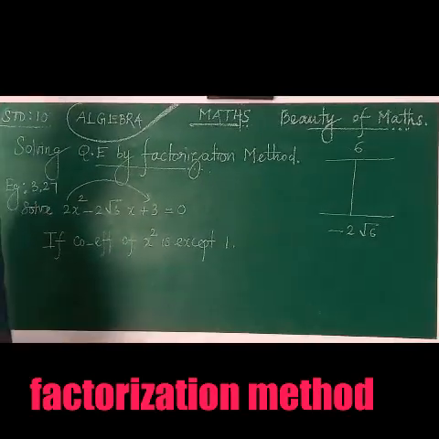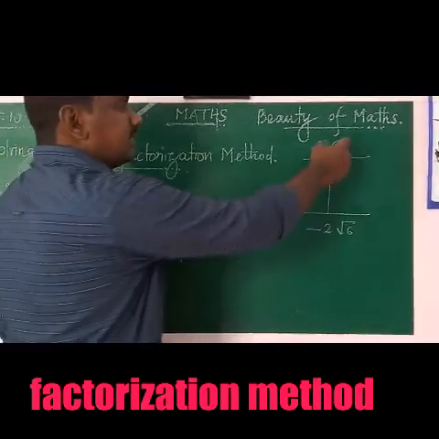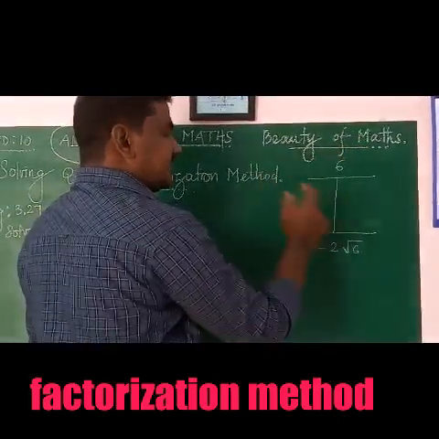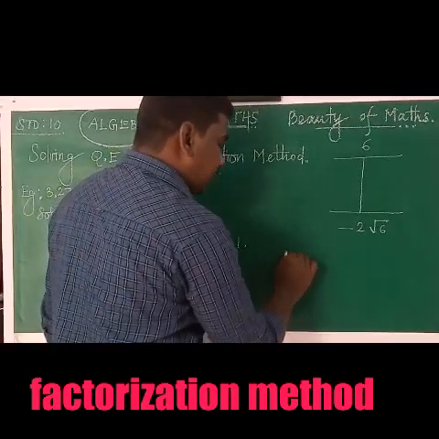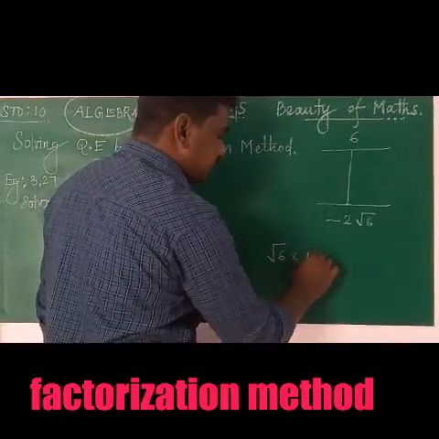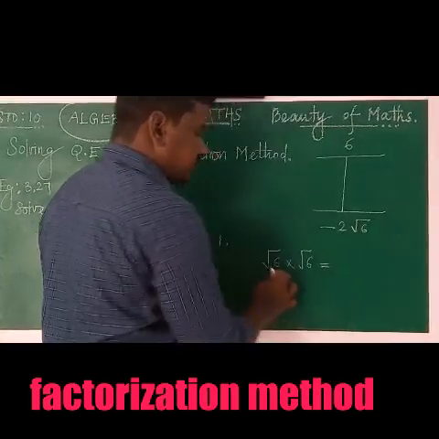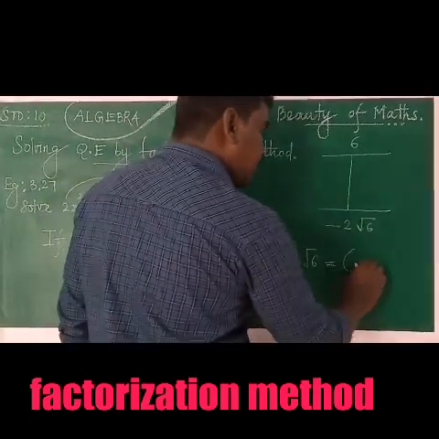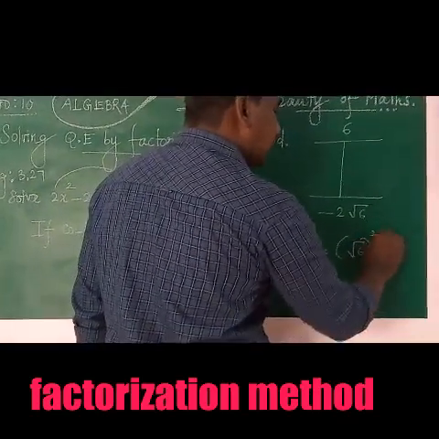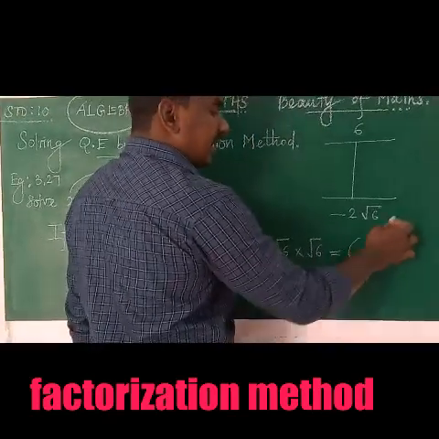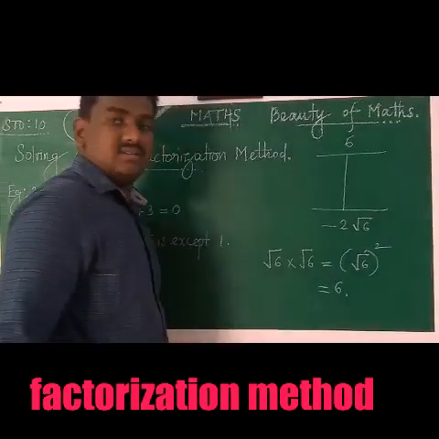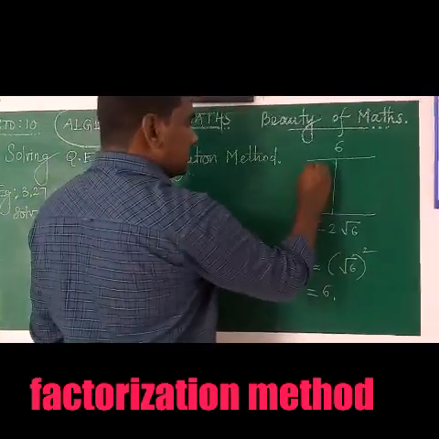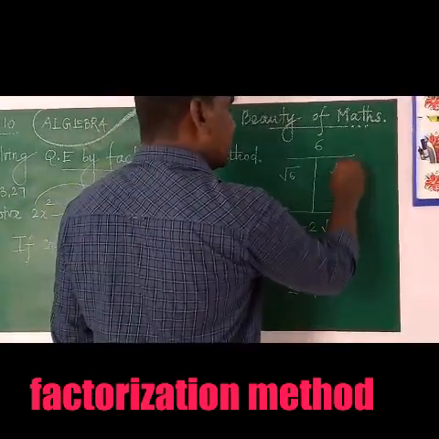So we have to find the two numbers. How can we find them? The product of the two numbers is equal to 6. The sum of the two numbers is equal to minus 2 root 6. It is very easy. Root 6 into root 6 is equal to root 6 whole square. You know that the square root and the square will cancel.